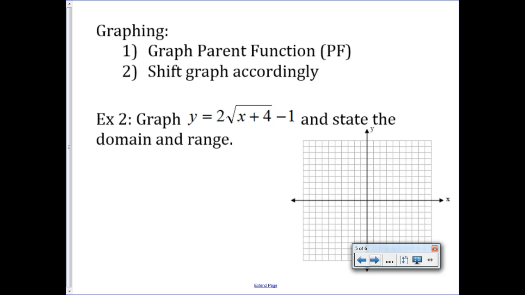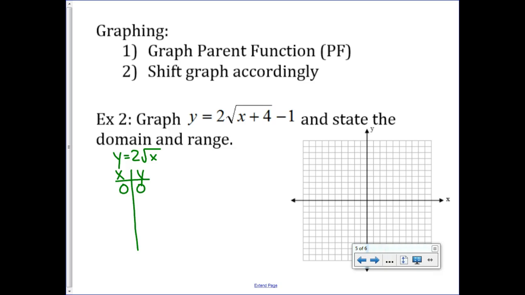So our parent function here would be y equals 2 radical x. I'm going to go ahead and put in some points here. If I'm thinking square root, I want some nice values. So if I put 0 in, square root of 0 is 0, times 2 is still 0.